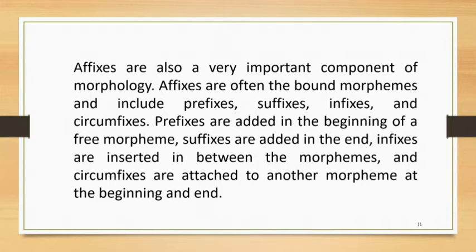Infixes are inserted in between the morphemes. Where are they inserted? In between the free morphemes. And circumfixes are attached to another morpheme at the beginning and end. Circumfixes are those bound morphemes which are added at the beginning and end of a free morpheme.